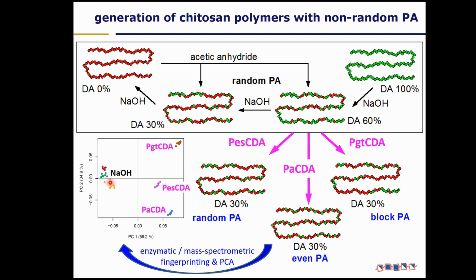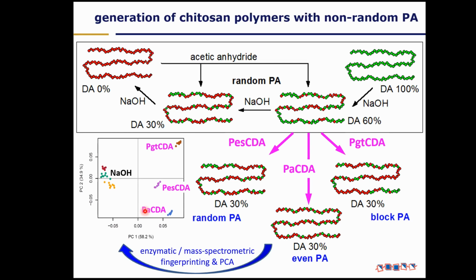It is where the chemically produced random chitosans are, but the PcCDA has a more blockwise pattern of acetylation, whereas the PaCDA produces a chitosan with a more even distribution of the acetyl groups. So using enzymes, it is possible to generate chitosans with non-random patterns of acetylation.